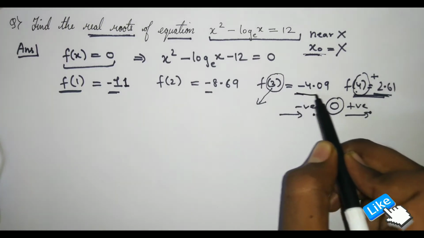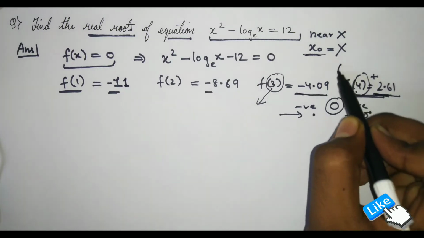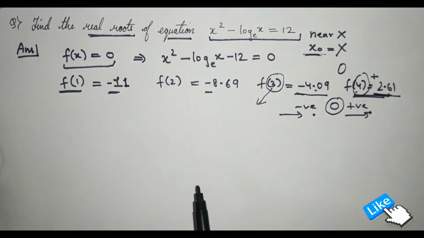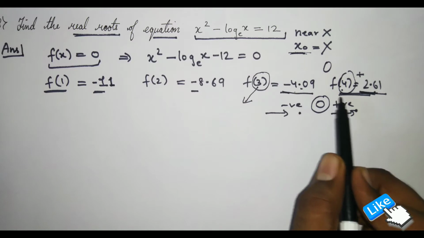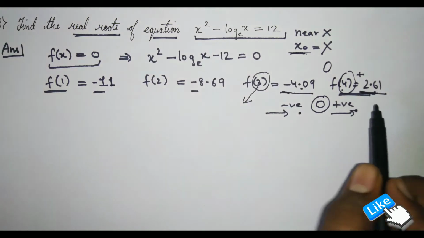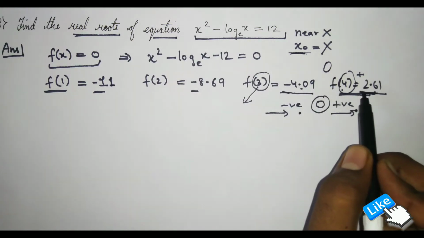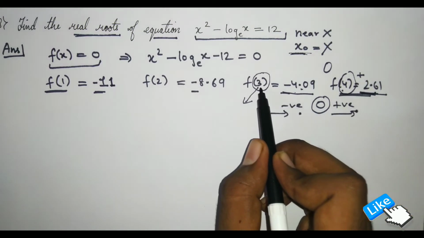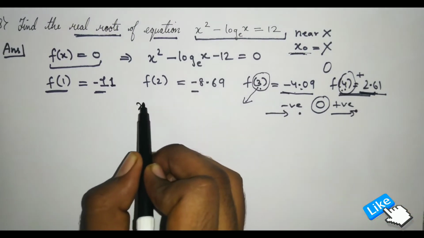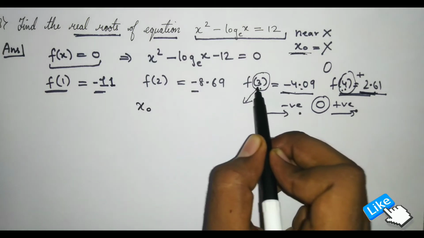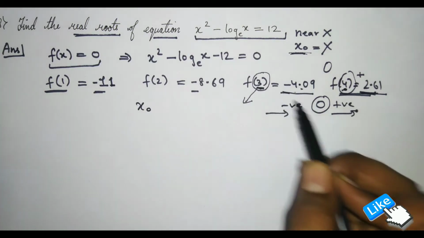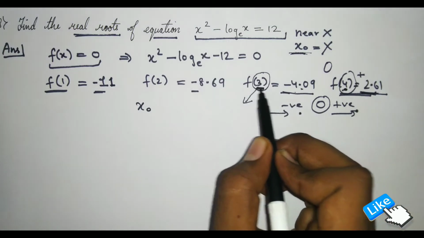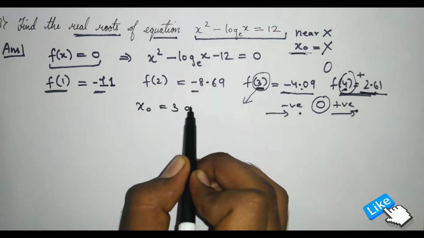Here, 0 lies between these two numbers, minus 4.09 and 2.61, right? So we can take either 3 or 4 as x0. We get x0 from the x values, not from these f values. This is the value of f of x, so x0 will be 3 or we can take 4.